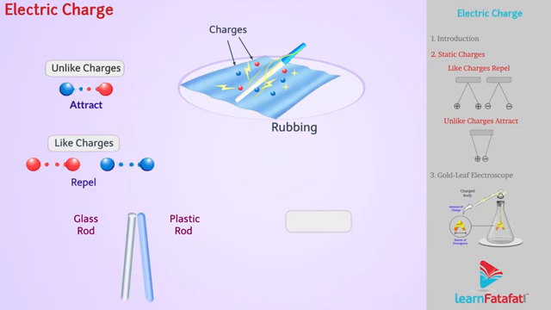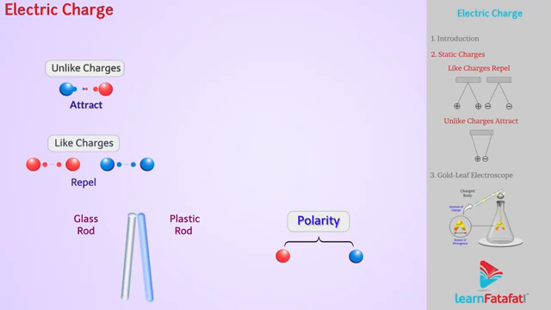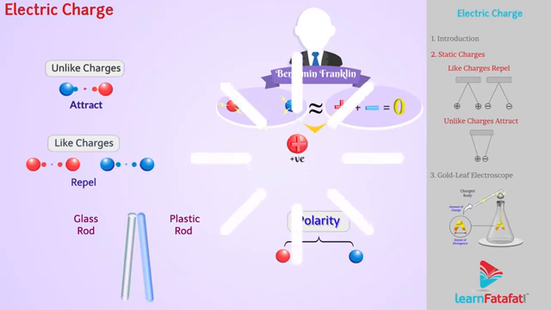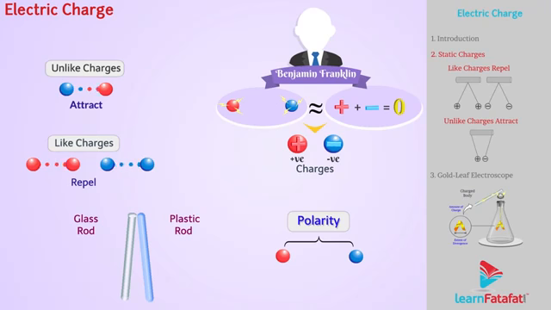The property that differentiates between two kinds of charges is called polarity. American scientist Benjamin Franklin took into account that the charges cancel out each other's effect and related it to the mathematical addition of plus and minus signs, and thus suggested the idea of positive and negative charges.